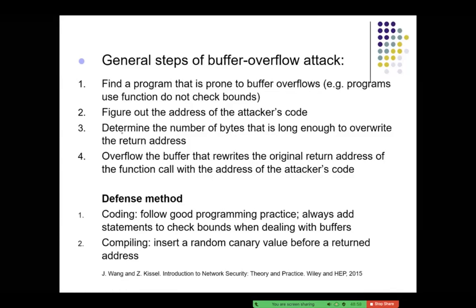Number four, overflow the buffer. Design how you are going to overflow that buffer so that you can put the address of the attacker's code in the return address area. Overrun the buffer to rewrite the original return address of the function call with the address of the attacker's code.